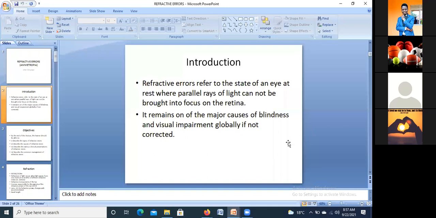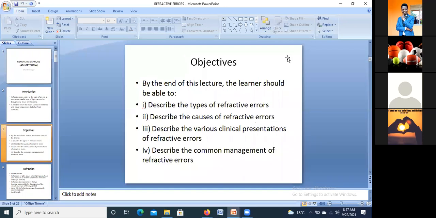So refractive errors remains a big public health issue. So our aim for this lecture is to describe the types of refractive errors and then the causes of refractive errors. We also need to look at the clinical presentations of refractive errors and the common management of refractive errors.